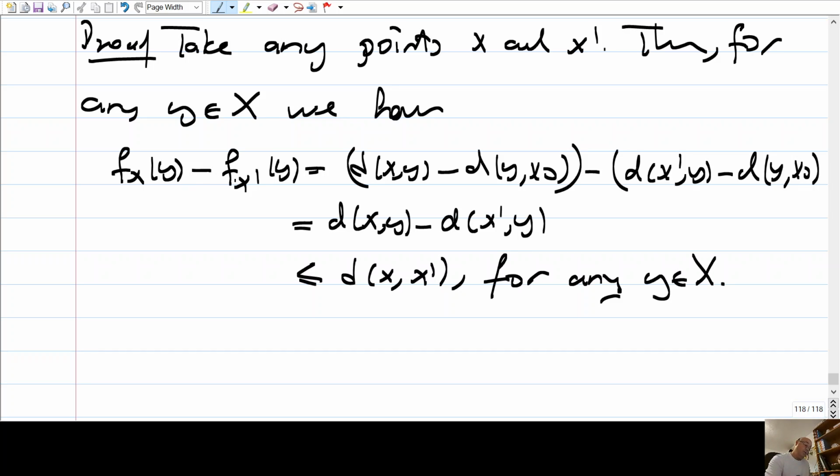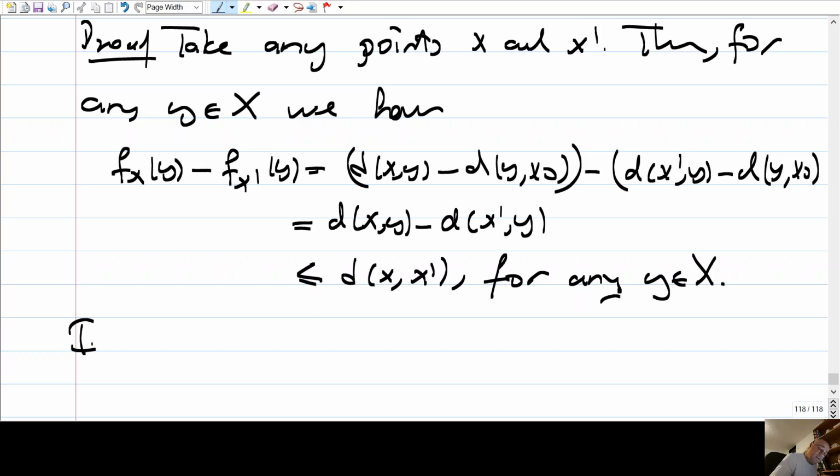Therefore, this is less than for any y. The absolute value of this expression will be less than this number, because if I replace x and x prime, this will be multiplied with -1, but this won't change.